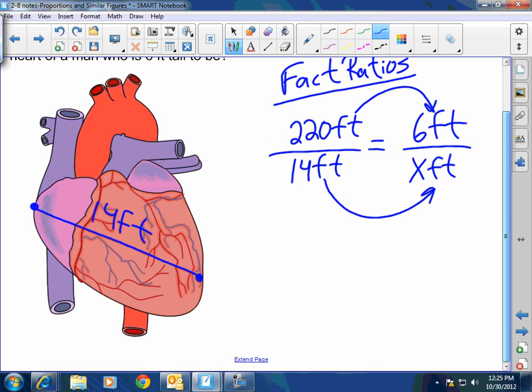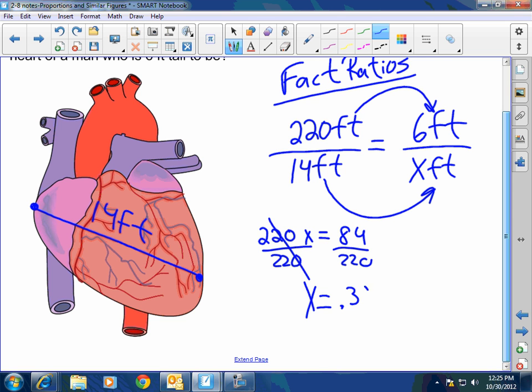So now cross multiply. 220x equals 84, divided by 220. And x will equal, let's see, running out of time here, roughly 0.38.